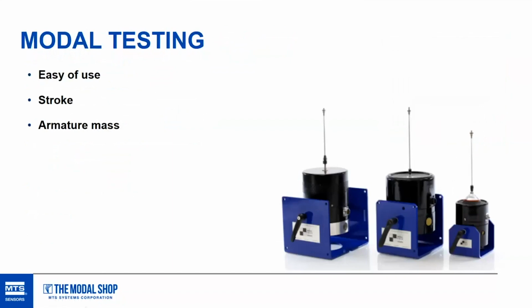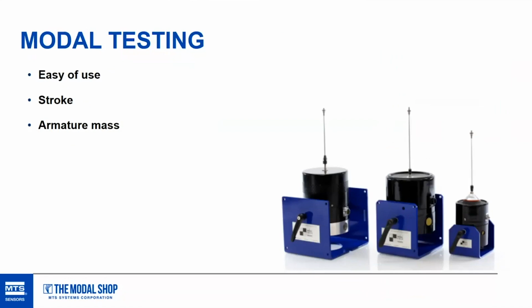Moving along, let's look at one particular very popular application, which is modal testing. With modal testing, a few of the things that are desirable in the shaker design are to make sure that it's easy to use, make sure you have enough stroke, especially if you're testing large structures at low frequencies, and also keeping the armature mass lower.